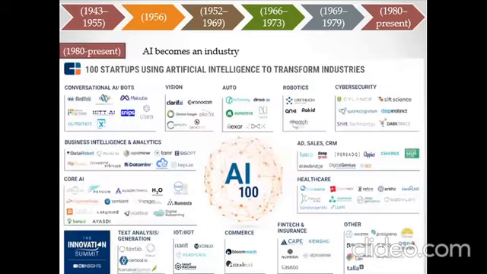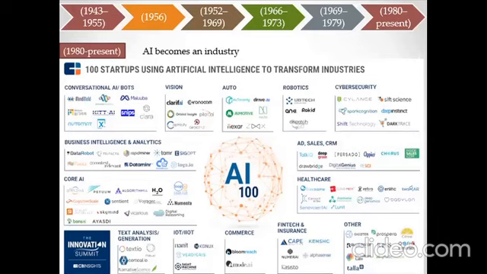Then 1980 to present, AI becomes an industry. Yes, now we can see the use of artificial intelligence everywhere. Hundreds of startups using artificial intelligence to transform industry started in 1980.